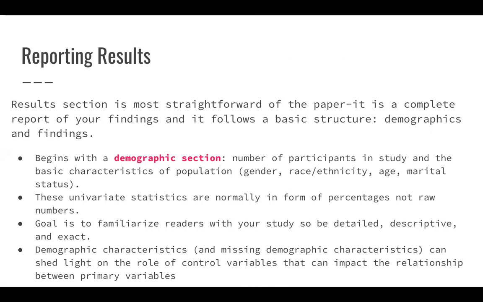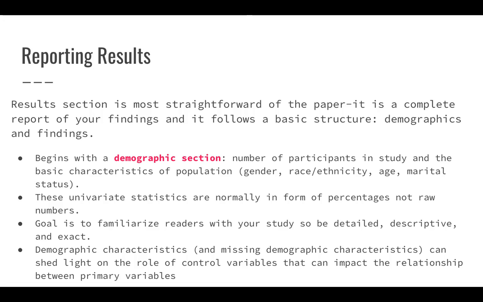So that demographic section usually consists of, of course, identifying the number of participants that you had in your study, and then you talk about the basic characteristics of that population: your gender, race, ethnicity, age, marital status, education, religious affiliation, whatever demographic characteristics were meaningful for your study.